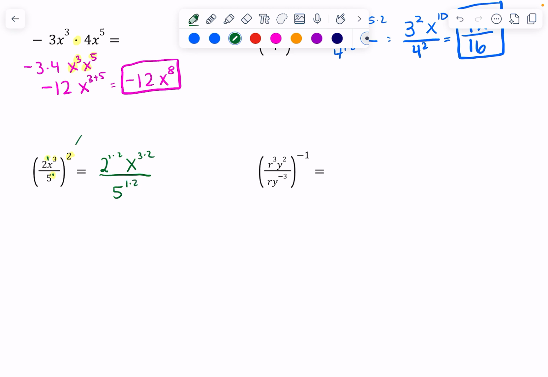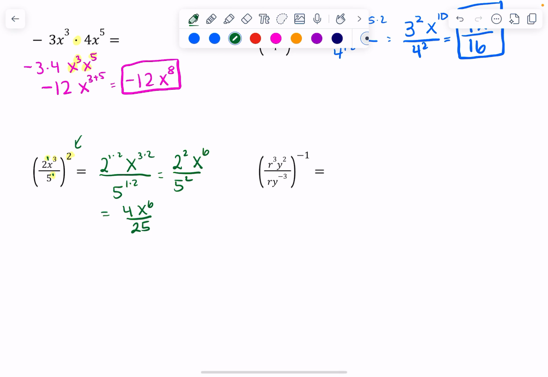Now, before you raise an exponent, you would want to clean the house a little bit. If there was anything in here that you could simplify, do that first. We don't have anything that we could simplify, so we keep going. So this would be 2 squared x to the 6th over 5 squared. So again, we're going to end up with 4x to the 6th over 25.